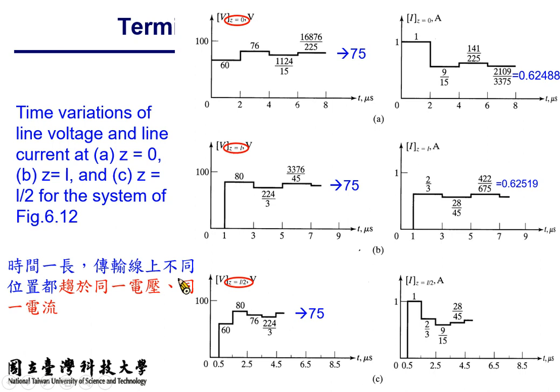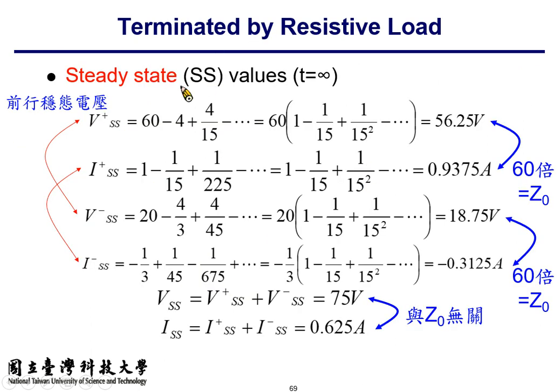Then our overall behavior, our total voltage and total current during the saturation phase, will be determined by the resistance or the impedance on the right-hand and left-hand side, not determined by the transmission line's characteristic impedance. Okay? Because eventually this is still a DC circuit.